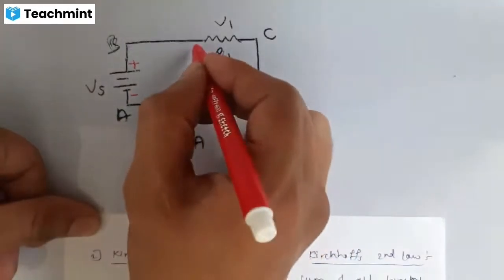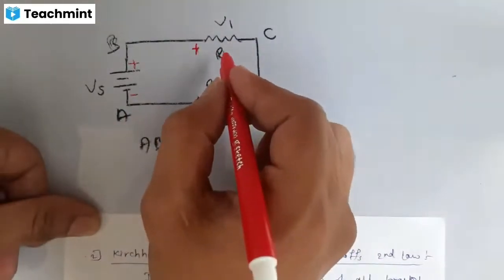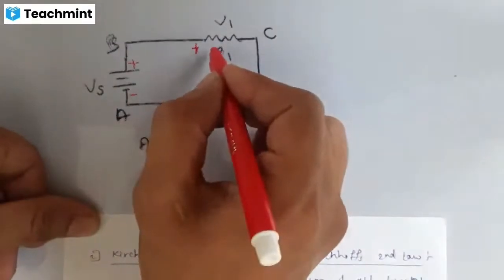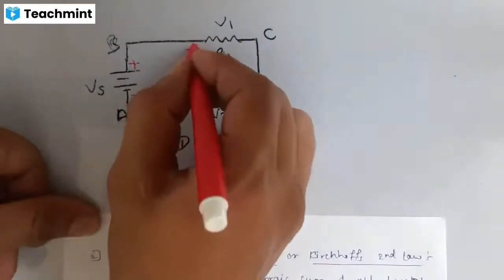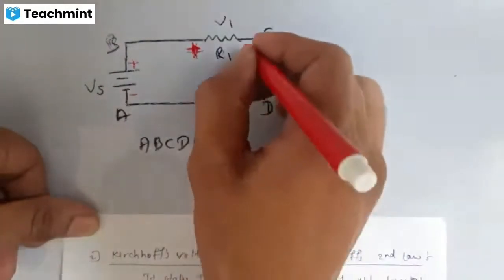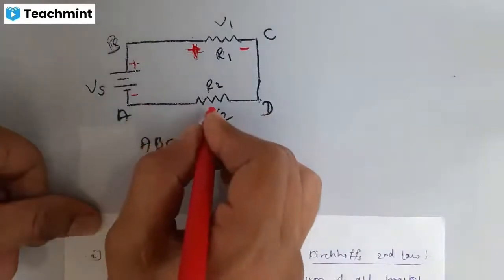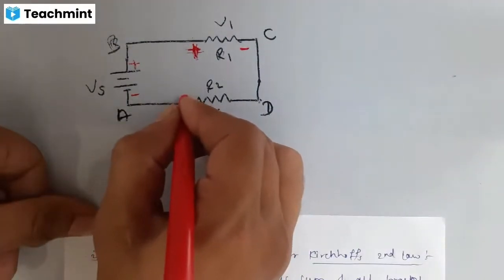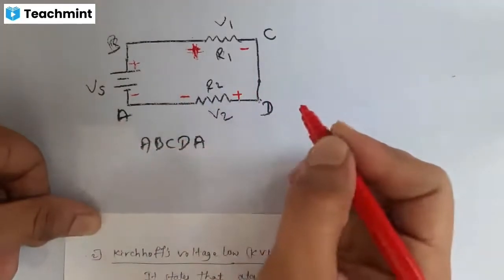The resistor doesn't have positive or negative, but when you connect the battery, it gets positive polarity on this side connected to the positive of the battery, and negative polarity here. In the same way for this resistor too: it is connected to the negative of the battery, so this terminal becomes negative polarity and this terminal becomes positive polarity.